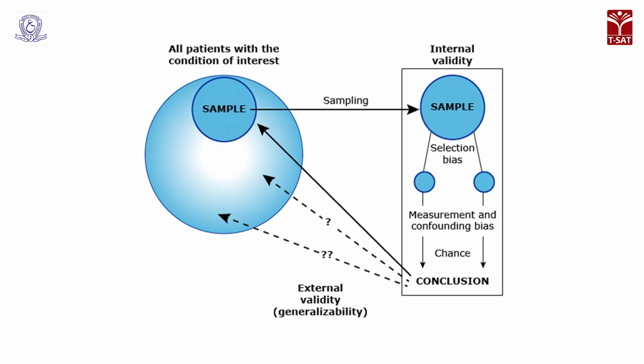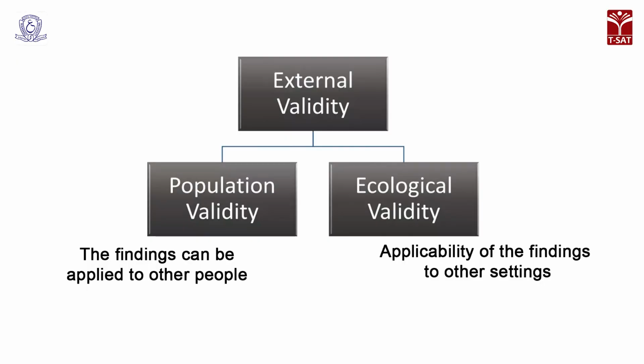Generalizability or external validity is the degree to which the findings of a study can be applied beyond the sample to the larger population. It presupposes that the study's findings can be generalized beyond the specific research. There are two aspects to generalizability: population validity and ecological validity.